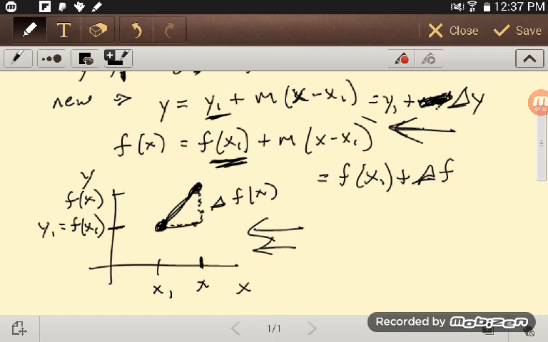How about that? But that is what I wanted to mention for the point-slope form. And so I think we're done with that. Let's start using this other way to write the point-slope form.